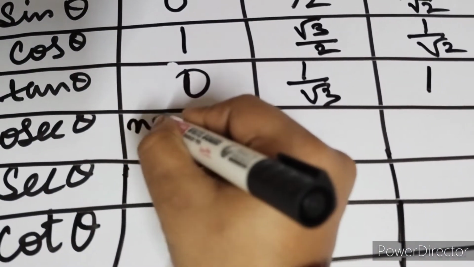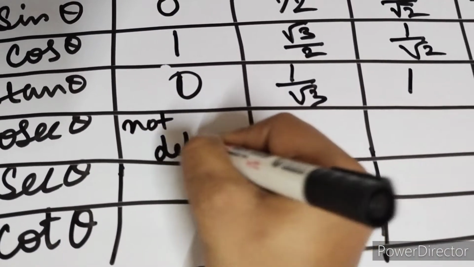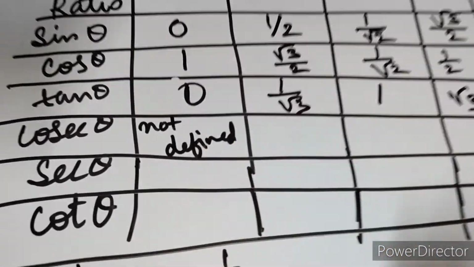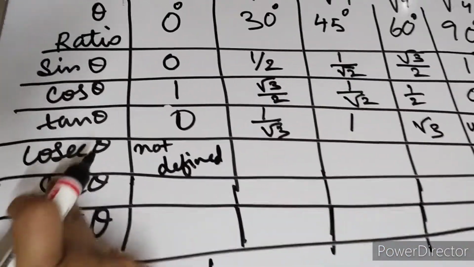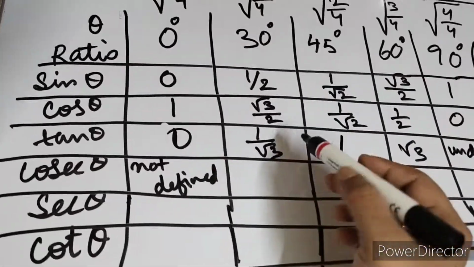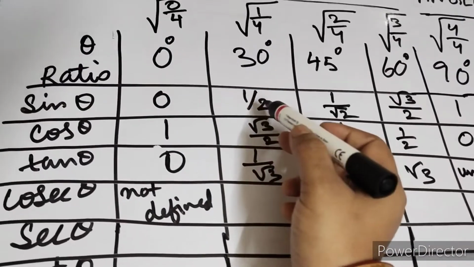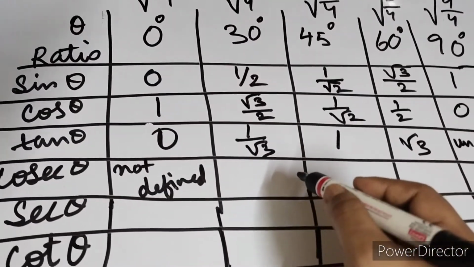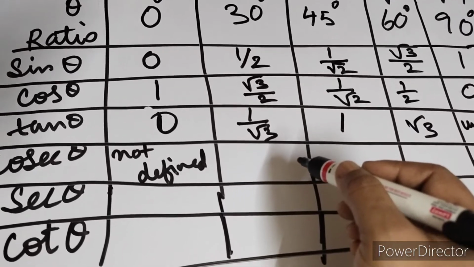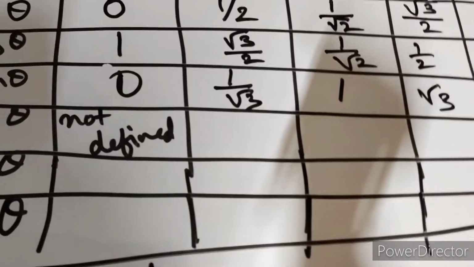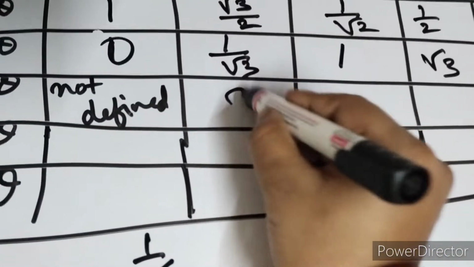So we will write it here as not defined. Then cosec 30 is 1 by 1 by 2. How much is 1 by 1 by 2? It's 2.